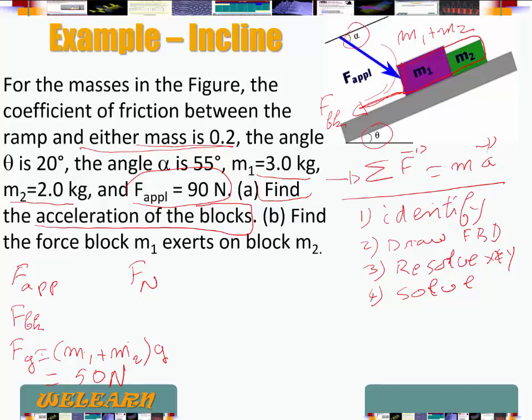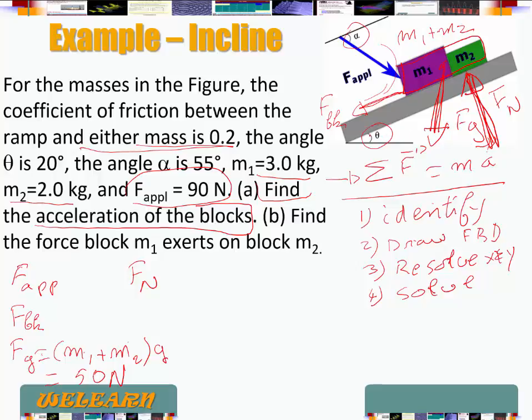Now the free body diagram. Remember, your gravitational force is straight down along the vertical towards the center of the Earth. The normal force, we call it normal because it's perpendicular to the surface. And we have the other two forces.